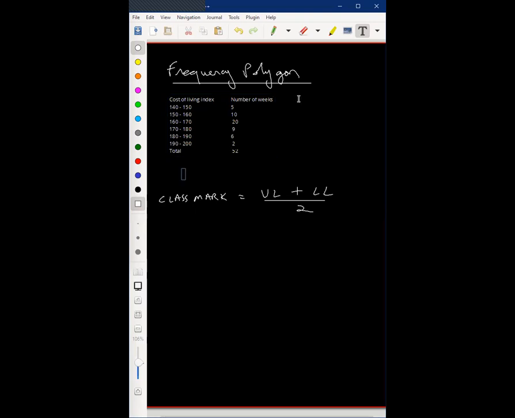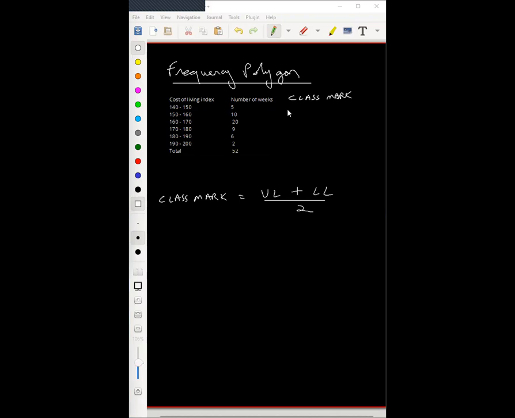So now what we will do is find a class mark for each of the classes. So what is the formula for class mark? Sir, upper limit plus lower limit by 2. So what will become the first one? 140 plus 150 by 2. Sir, 140 plus 150 equals 290 by 2.